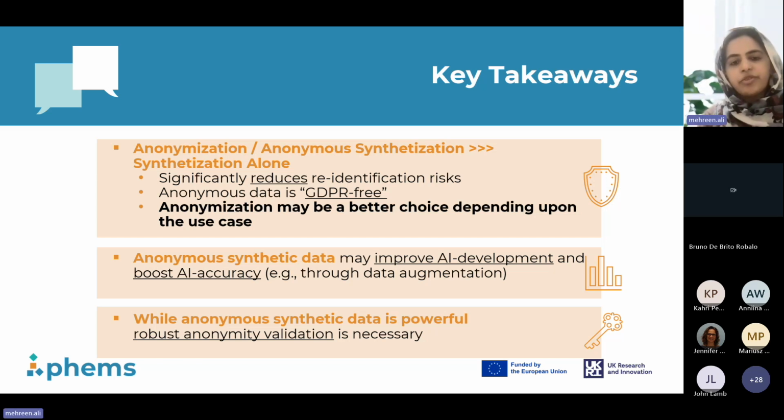However, depending upon the use case, perhaps anonymization alone is also a better choice. Second, anonymous synthetic data can significantly improve AI development and boost AI accuracy, mainly through data augmentation, as we have seen in the example earlier.